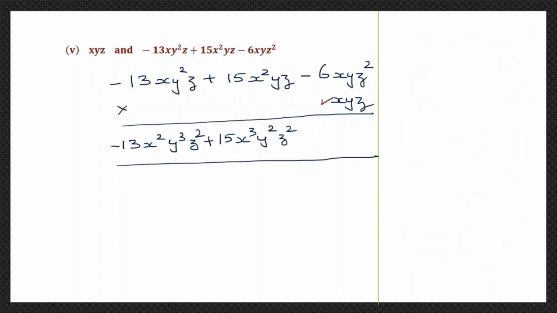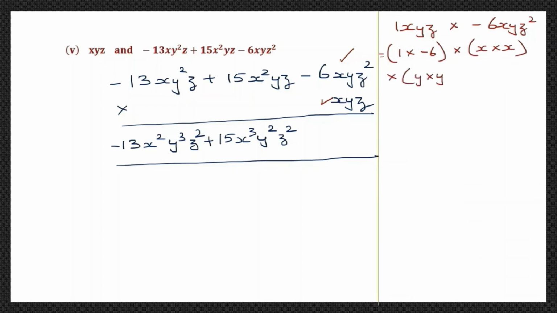Now let's take xyz into minus 6xyz square. So xyz into minus 6xyz square. So this is 1. So the numbers will be 1 into minus 6 into x into x into y into y into z into z square.